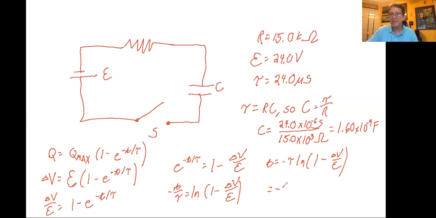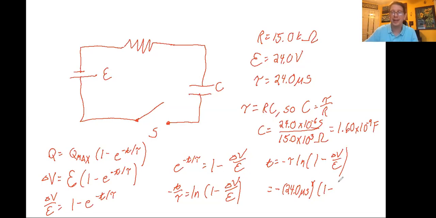So that's negative t, which is 24.0 microseconds, times the natural log of 1 minus delta V over E. So delta V, we're asked for how long it takes for the voltage across the resistor. So the voltage across the resistor is 16 volts.